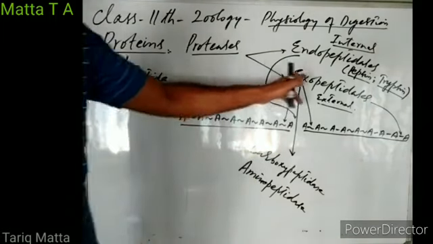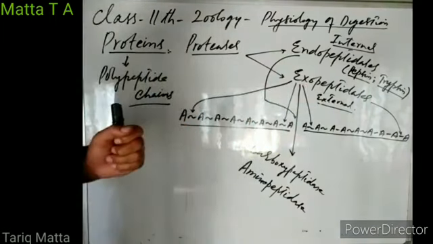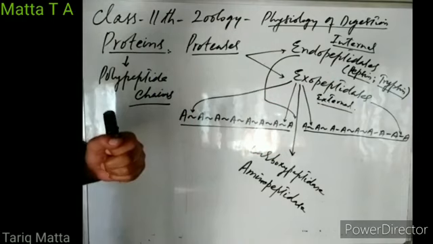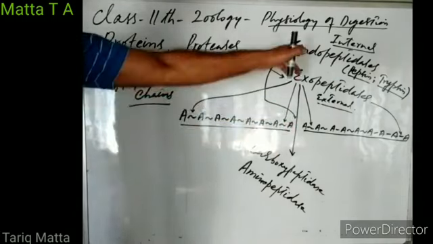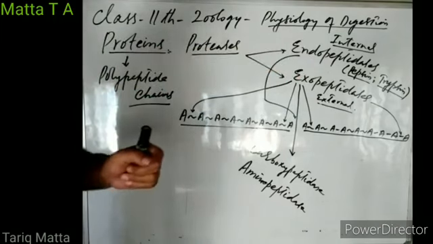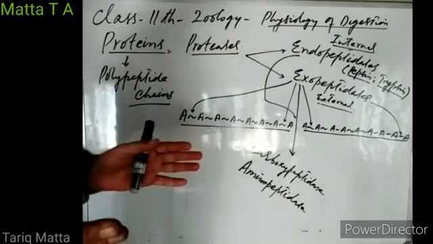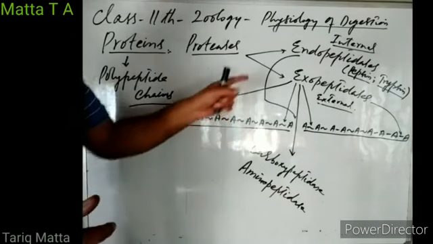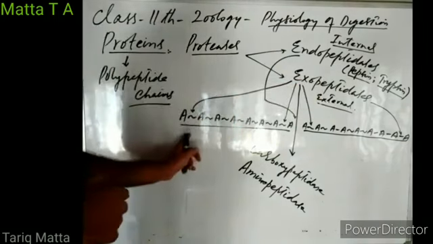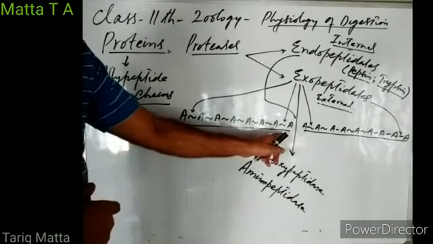Exopeptidases are those proteases which break the terminal peptide bonds of these peptides formed by endopeptidases. So first endopeptidases cut the protein into smaller fragments, then exopeptidases act on these proteoses and peptones.